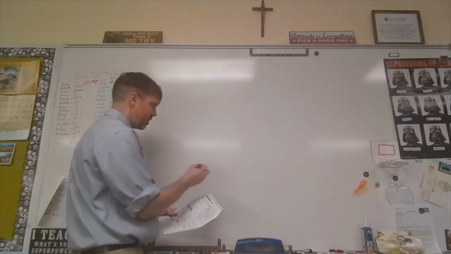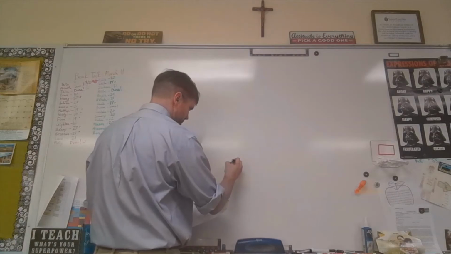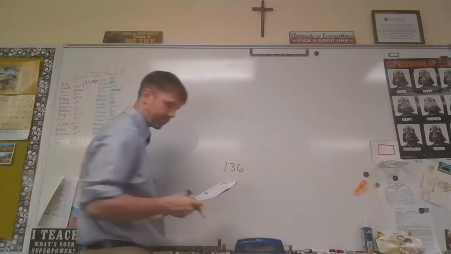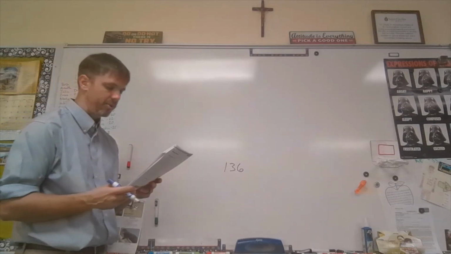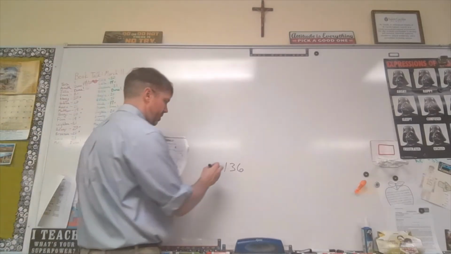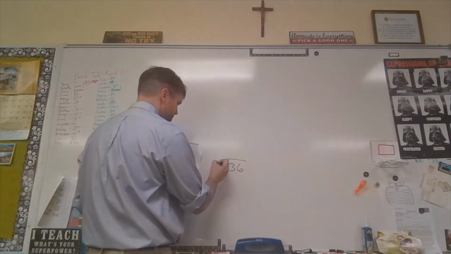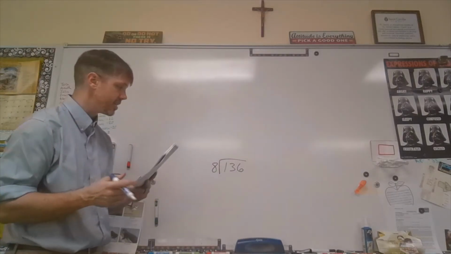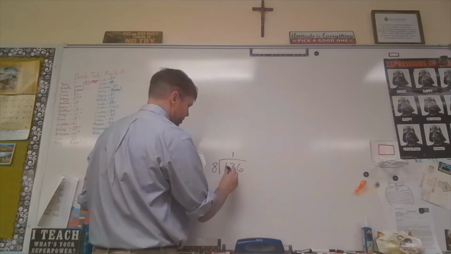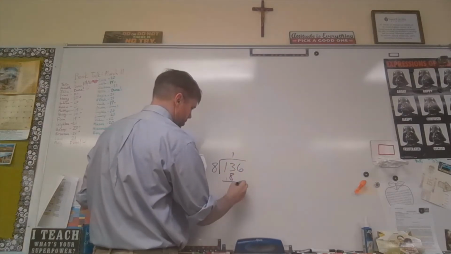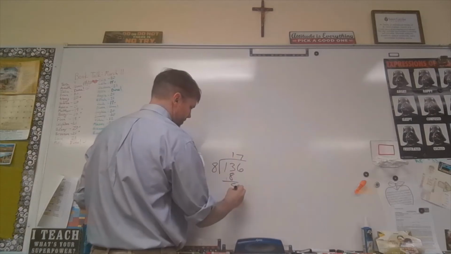If you add them all up, he got 136 total points. And how many games did he play? Well, you can just look at the far number to the right at the very top. They played 8 games. So you're just going to divide 136 by 8. And 136 divided by 8 is 17.